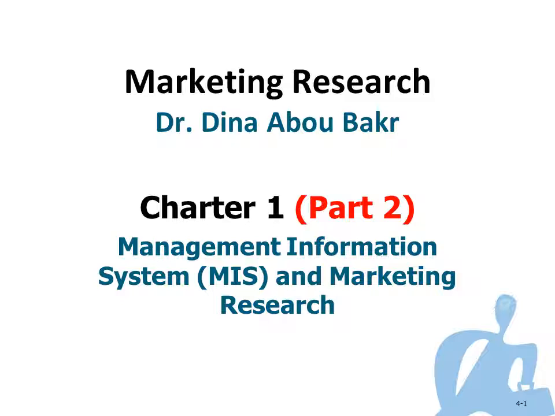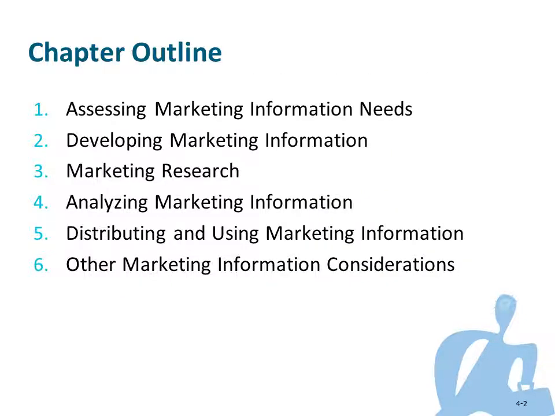My dear students, here in part 2 of chapter 1, the management information system and marketing research. In part 1, we discussed assessing marketing information needs and developing marketing information, and we explained the types of marketing research.